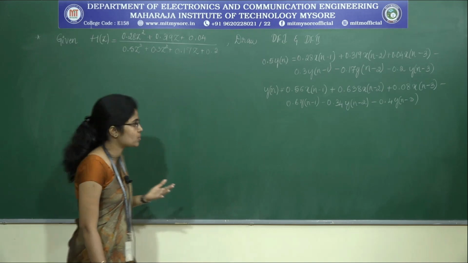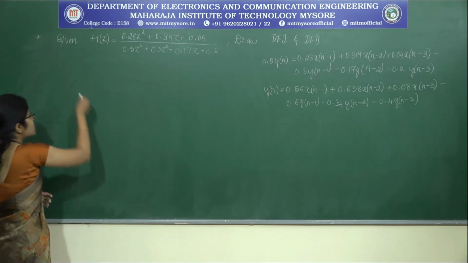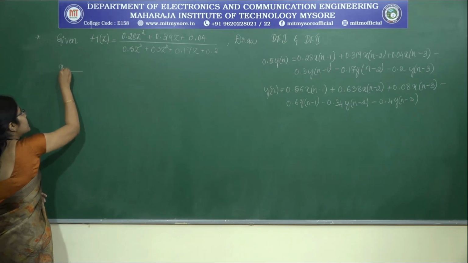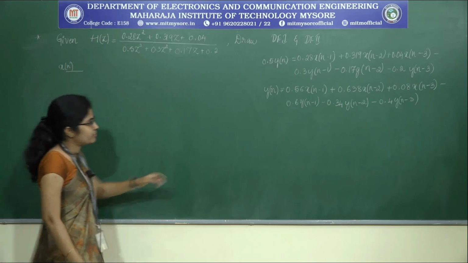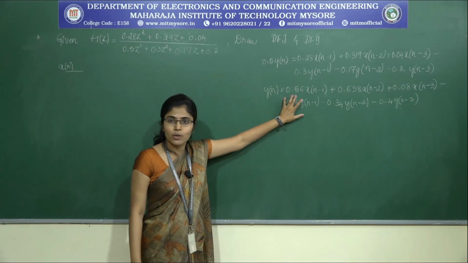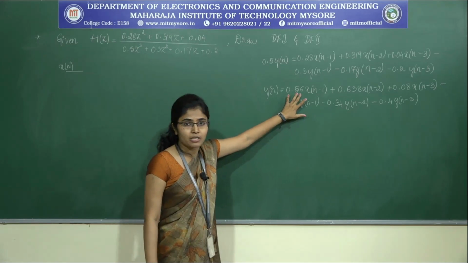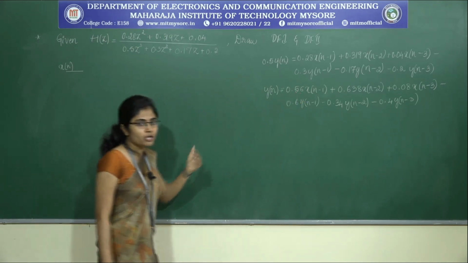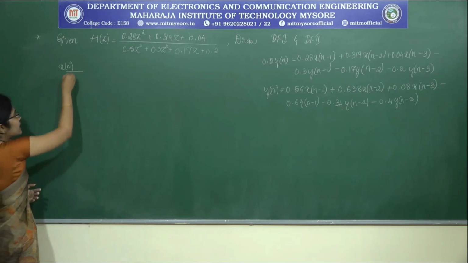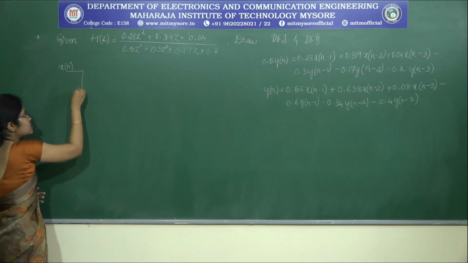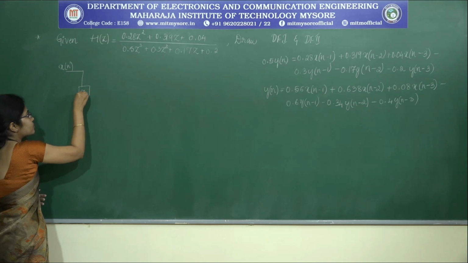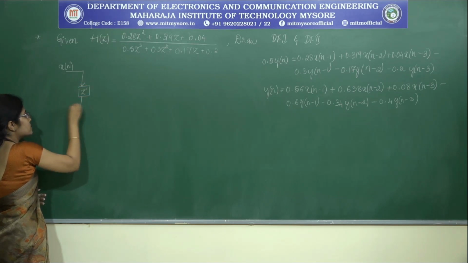If I start drawing the direct form 1 realization starting from input x of n, and if I look into the difference equation, do I have an x of n term? No, I don't have. It is starting from x of n minus 1. So for that what I can do is delay x of n once, which gives us x of n minus 1.